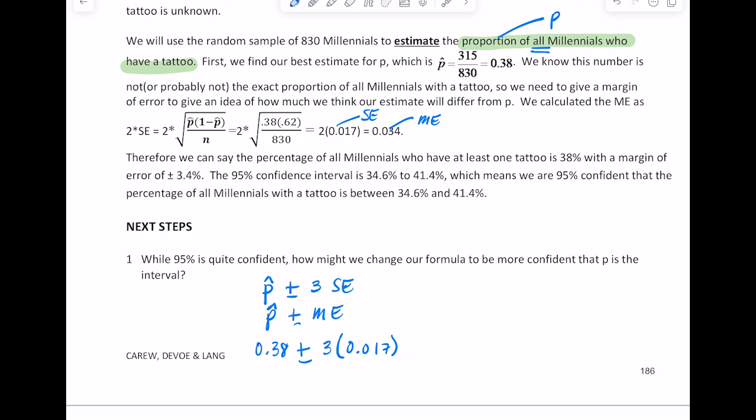And then that is going to give me, I believe, 0.0505.